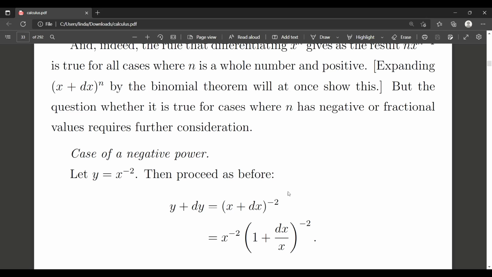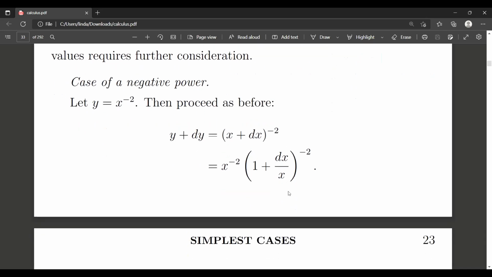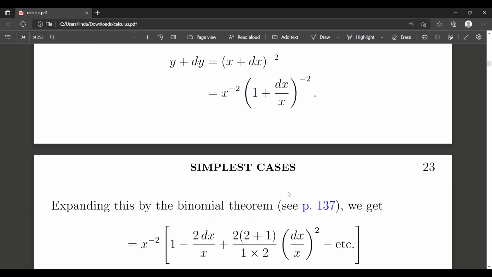Case of a negative power, let y equal to x to the power negative 2, then proceed as before. y plus dy is equal to x plus dx to the power negative 2, which is equal to x to the power negative 2 times 1 plus dx over x to the power negative 2.